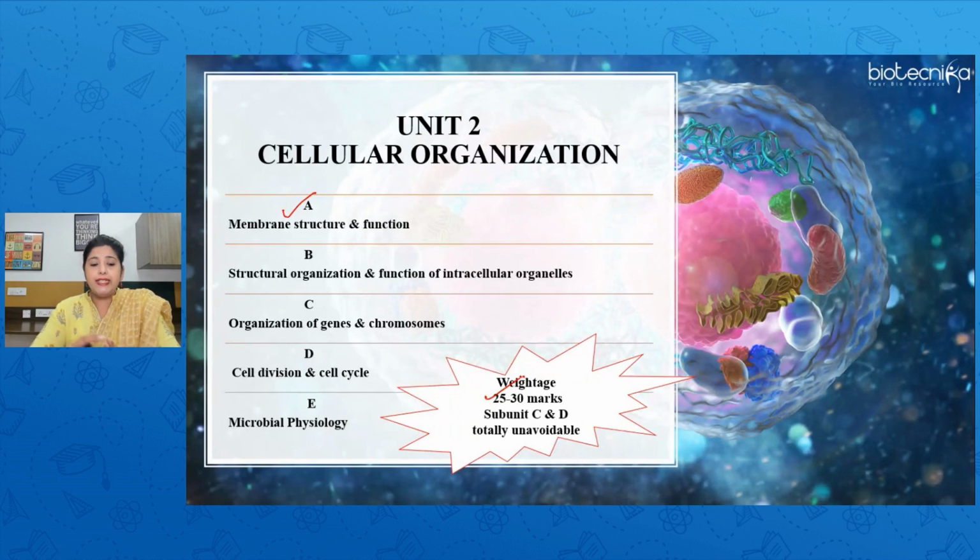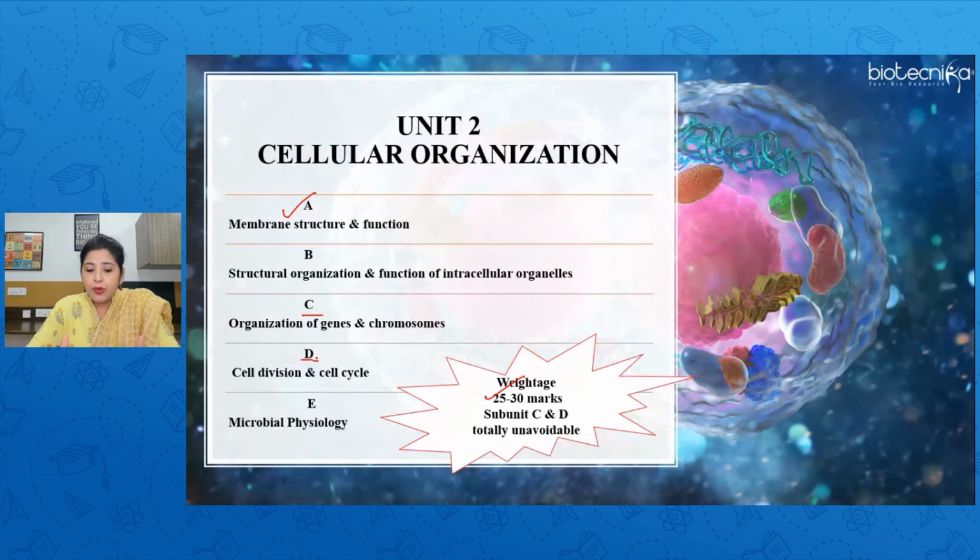Especially subunits C and D are totally unavoidable because most of the Part C questions are asked from these subunits. And even to understand other units, you have to prepare unit 2 thoroughly. For example, if you want to understand the fundamental processes, the genome organization concept should be very clear, which you study in unit 2.